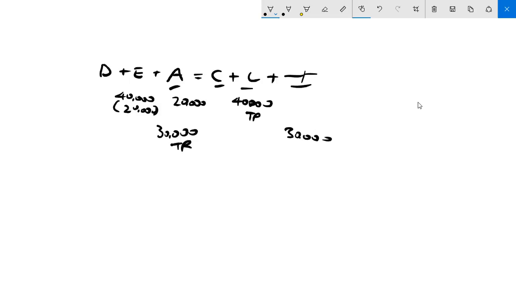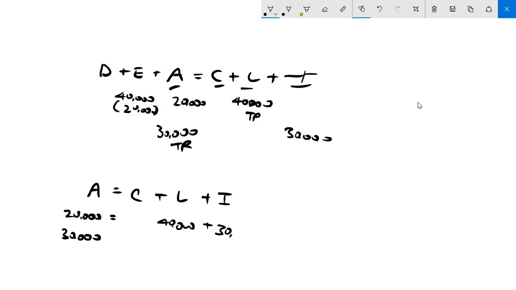And this is what we would have: A is equal to C plus L plus I. So what we have right now is £20,000 is equal to the other 30,000 as well, the trade receivable, and that's equal to the 40,000 plus the 30,000, minus 30,000 minus 20,000, making this 10,000.